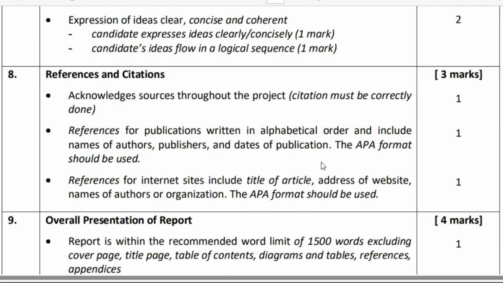So once you read up on the APA format, then you'll be able to cite properly and also do your references properly. References for internet sites include title of article, address of website, name of authors or organization. Again, the APA format, so just look up research on the APA format, see how they cite their sources and how they do their references, and you will be good.